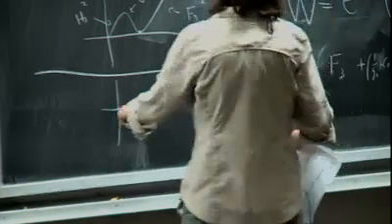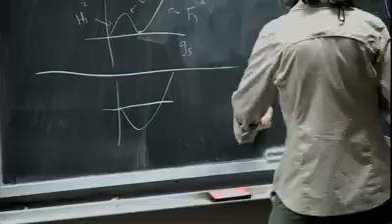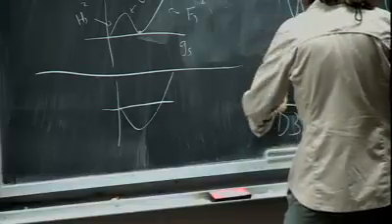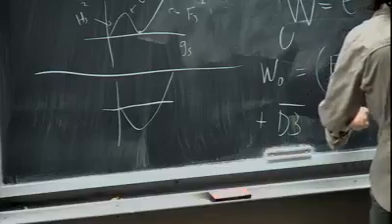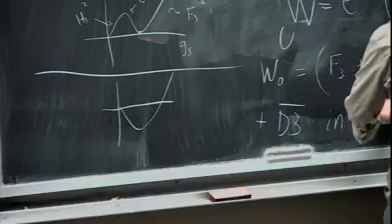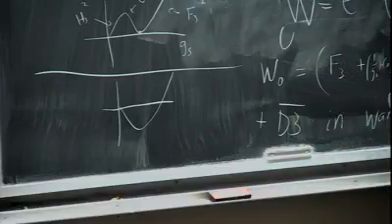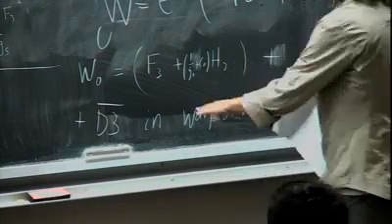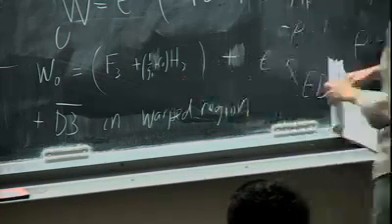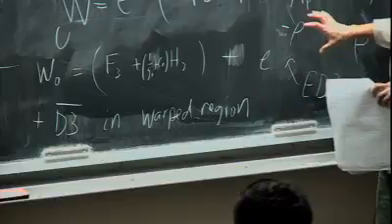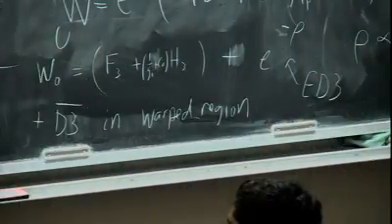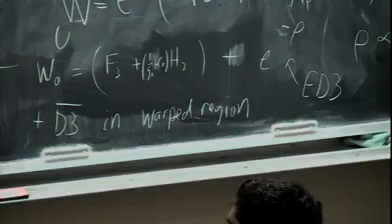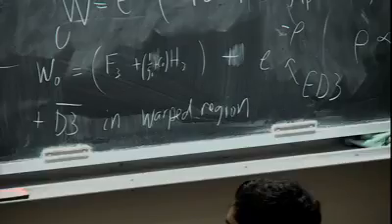But then they add the famous anti-D3 brane, which they put in a highly redshifted region, or so-called warped region. And that actually gives a power law contribution to the potential as a function of rho, which is analogous to the ones I wrote up here in my general characterization.